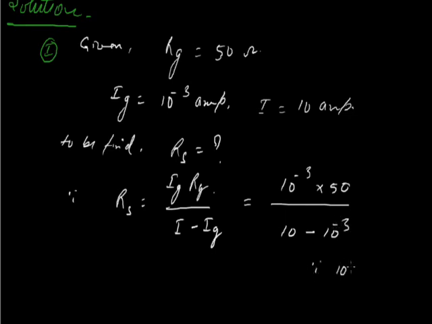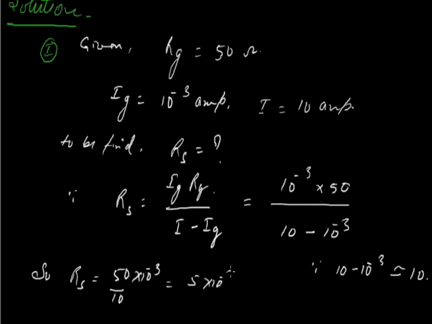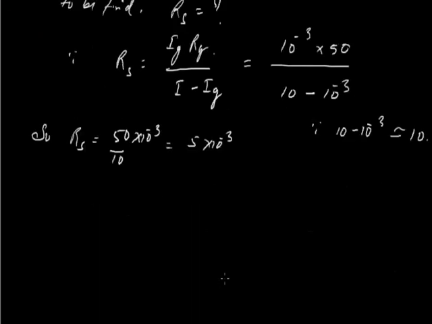Because 10 minus 10 raised to the power minus 3 is approximately 10, Rs will be 50 into 10 raised to the power minus 3 divided by 10. It's 5 into 10 raised to the power minus 3, or Rs is 0.050 ohm.